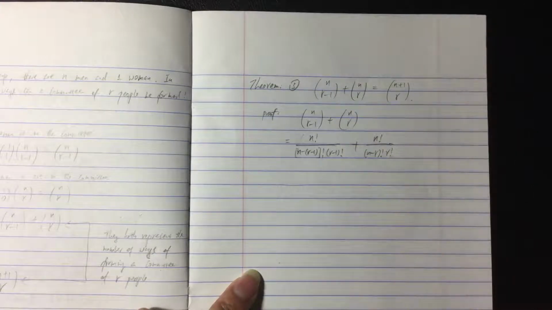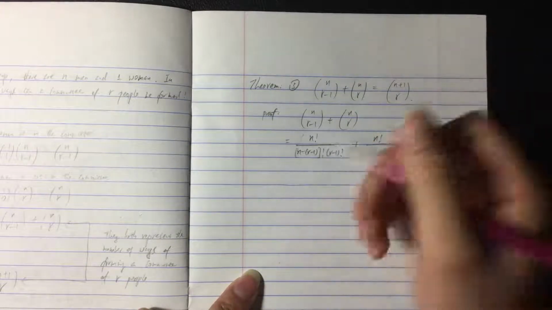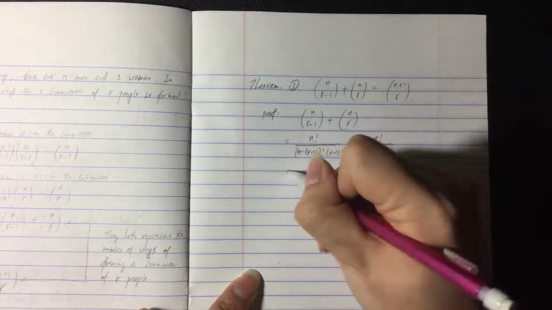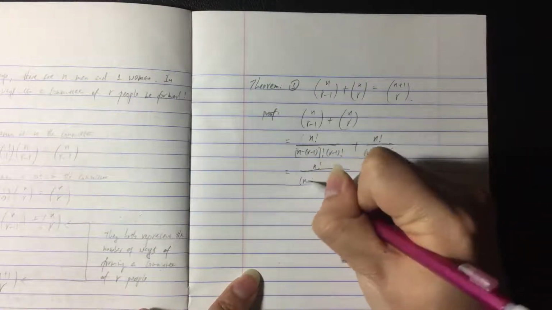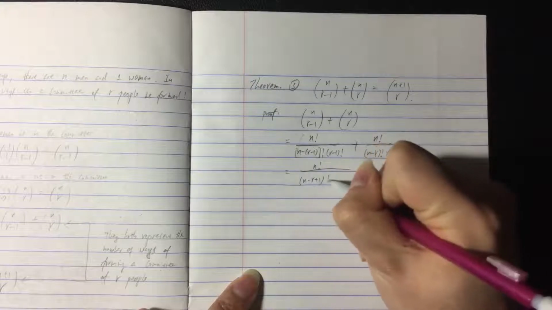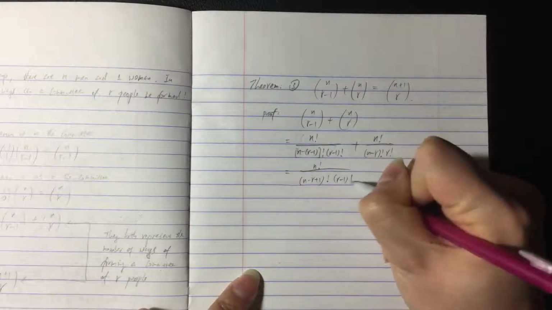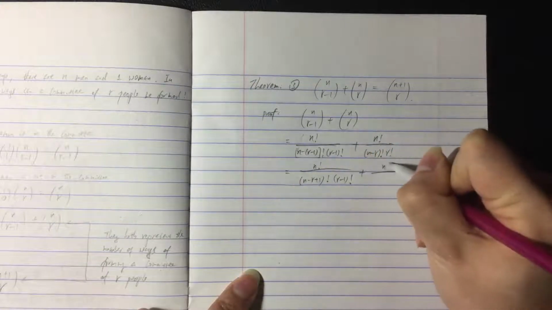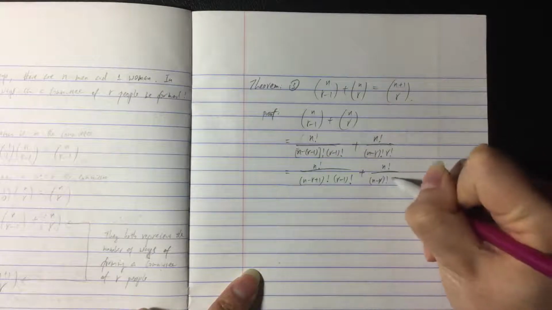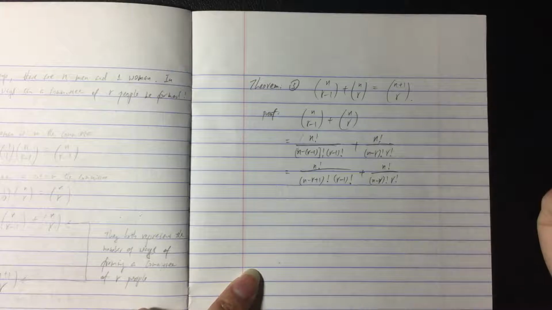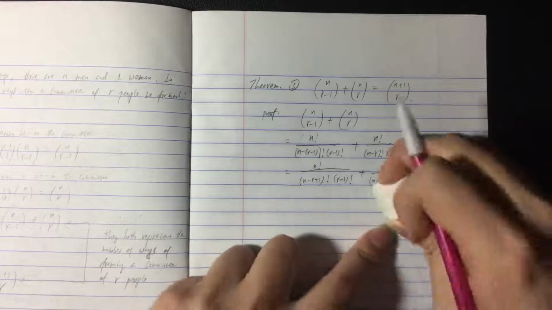So let me simplify the first fraction first. The first fraction can be rewritten as n factorial over n minus r plus 1 factorial times r minus 1 factorial, plus n factorial over n minus r factorial r factorial. We try to make the denominators the same.